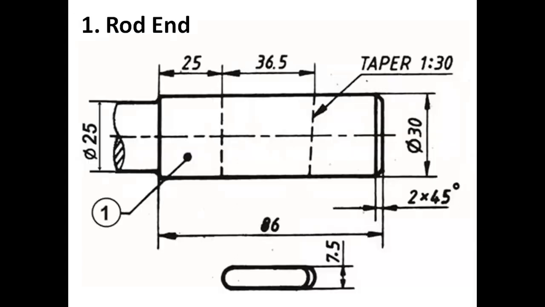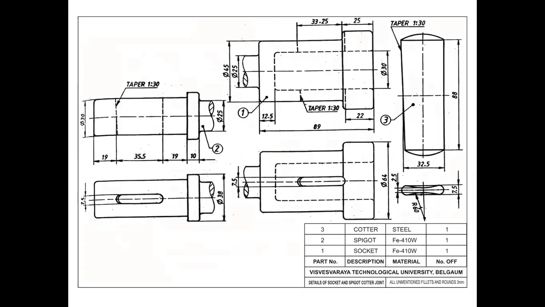Whereas in this socket spigot joint, all three items have to be created, and once we create all three items, they are called only once in the assembly drawing. So the socket will be the initial part.